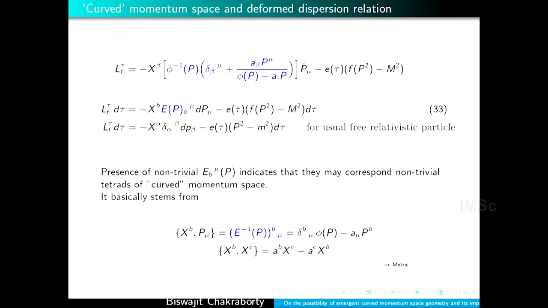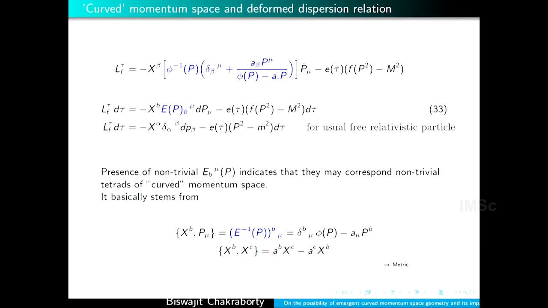So you have to have this object inserted here to obtain the first order Lagrangian. And the origin of it stems from, as I told you, the inverse of it, which occurs in the xp bracket, which is the E inverse P B mu. In the bottom, you can see this relation occurs there.